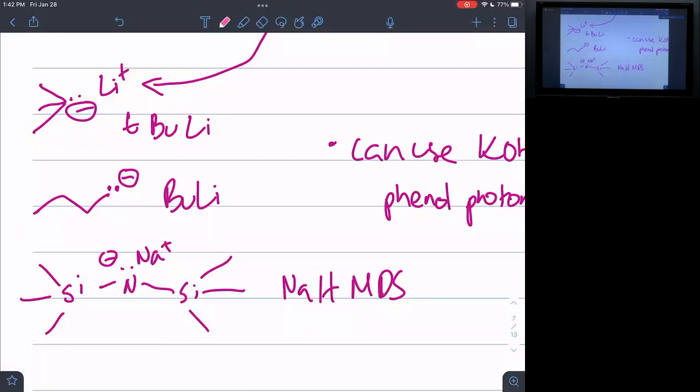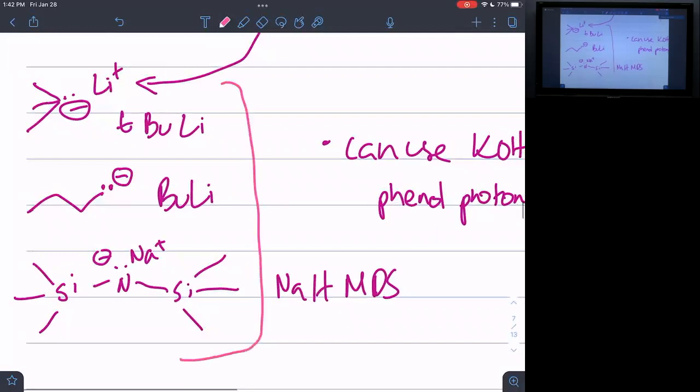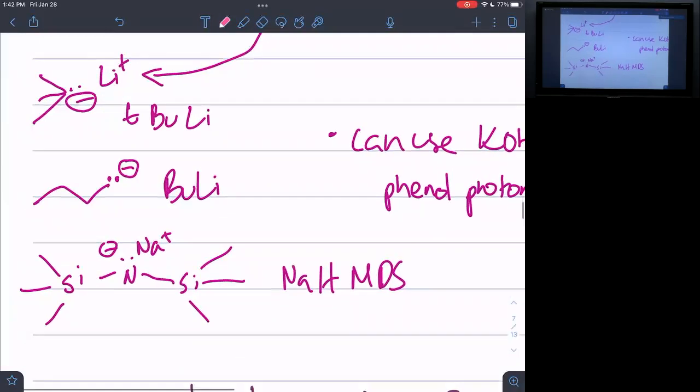But is there anything milder to replace NaH? NaH is part of the super strong bases, so technically you could use these. NaH and all of these are in the same category. They're all super bases. I just use NaH because it's the simplest one to write. If you want to use tert-butyllithium, go ahead. It's the same thing.